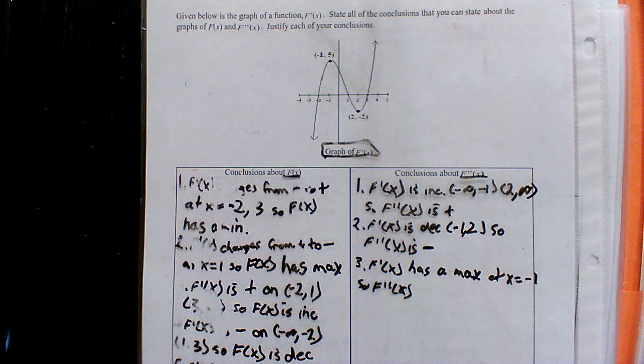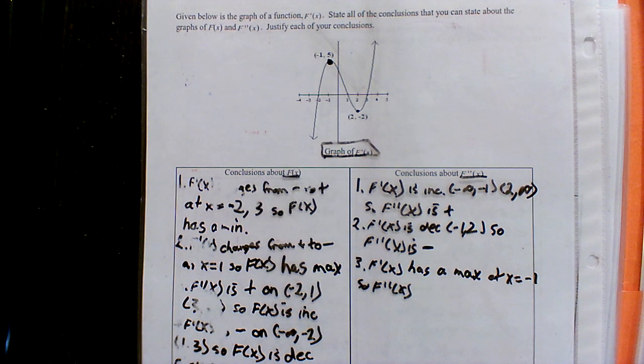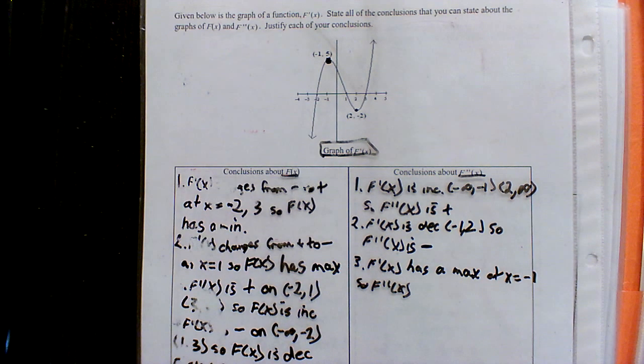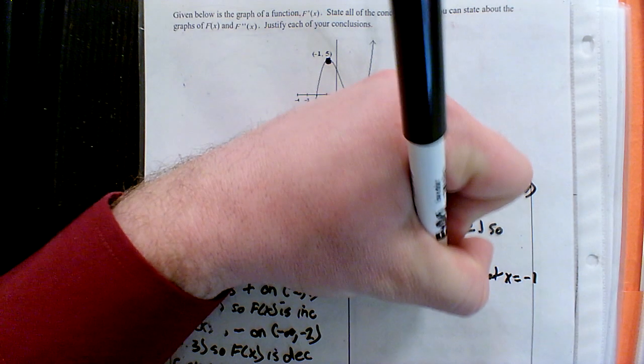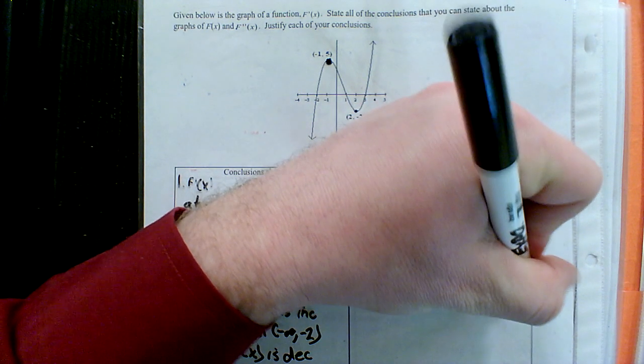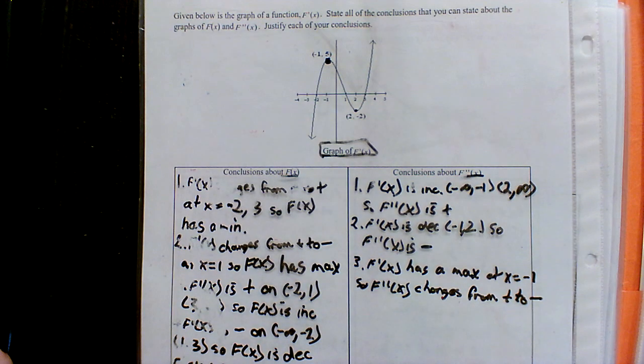So the second derivative is going to do what? My max is up here. Dan? Change from a positive to negative. All right, it changes from positive to negative, yeah. Very good.